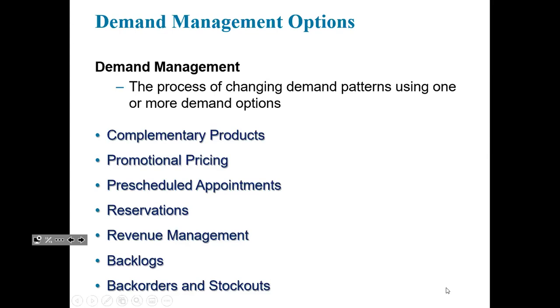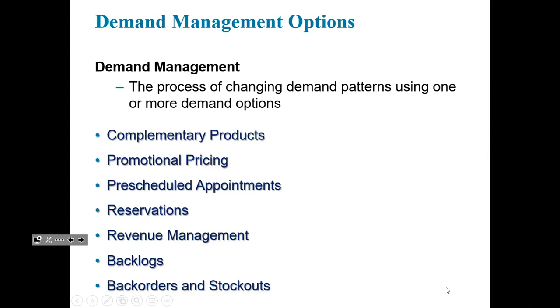You could engage in backlogs where you inform your customers that we won't have product right now, but we might have it 2 weeks from now. Are you willing to wait 2 weeks? Okay. So these are different activities that the organization can do from a marketing or sales perspective versus the operations perspective, and it's all done to try and ensure that regardless of the spikes or fluctuations in demand, we can have product to the customer.